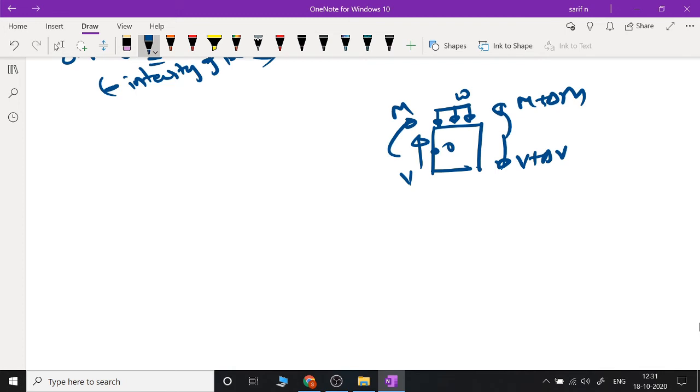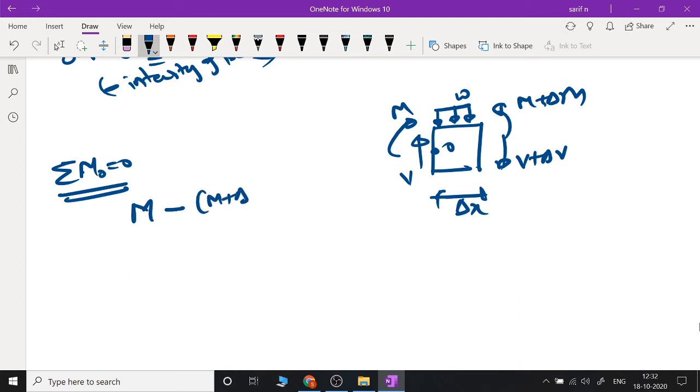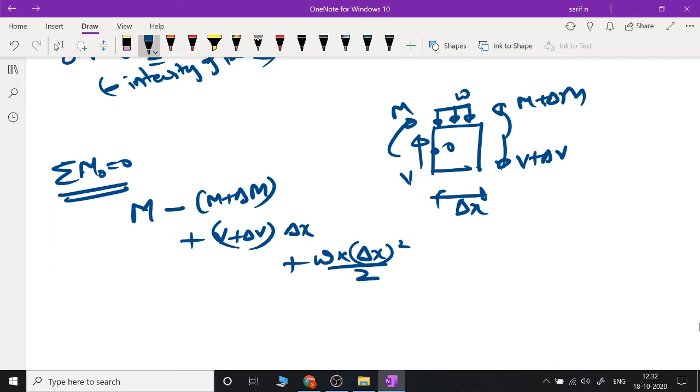So let us take moment about the point O. If we take moment about the point O equal to 0, we get M minus (M plus delta M) plus (V plus delta V) into delta x plus w into (delta x) whole square divided by 2 equal to 0.